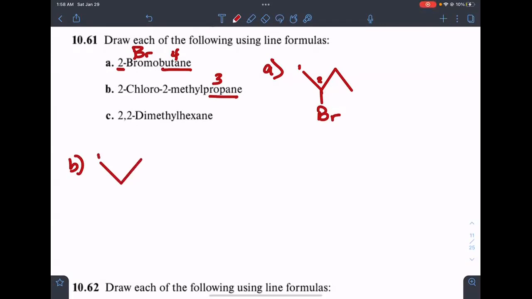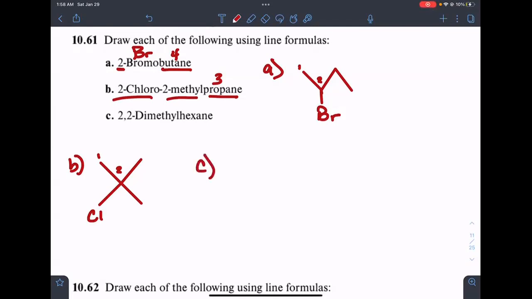So if I look, 2 is where I'm going to have something come off of. In this case, I actually have 2 things that come off of the same atom. So I'm just going to extend it out, and it's kind of going to look like an X, right? And so one of those is a chlorine and the other is a methyl. So we just leave it. So that's how we do it if it's a methyl.